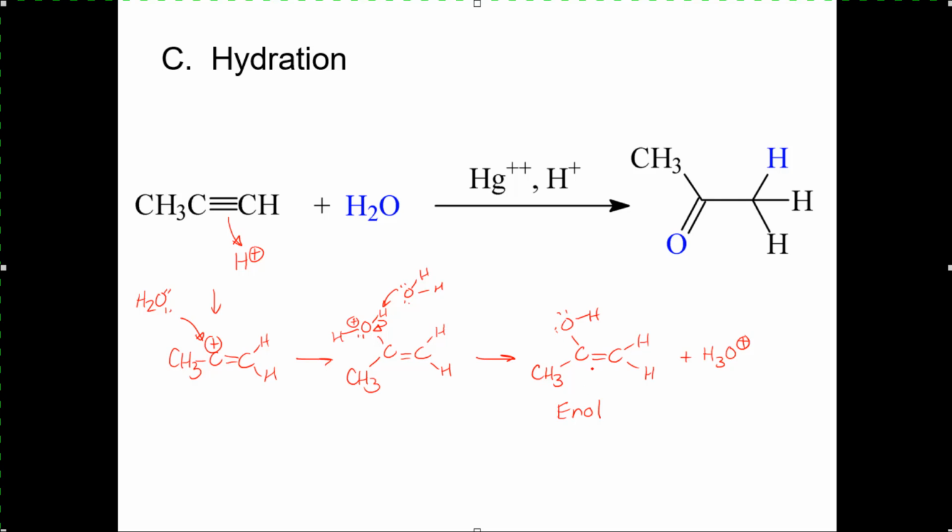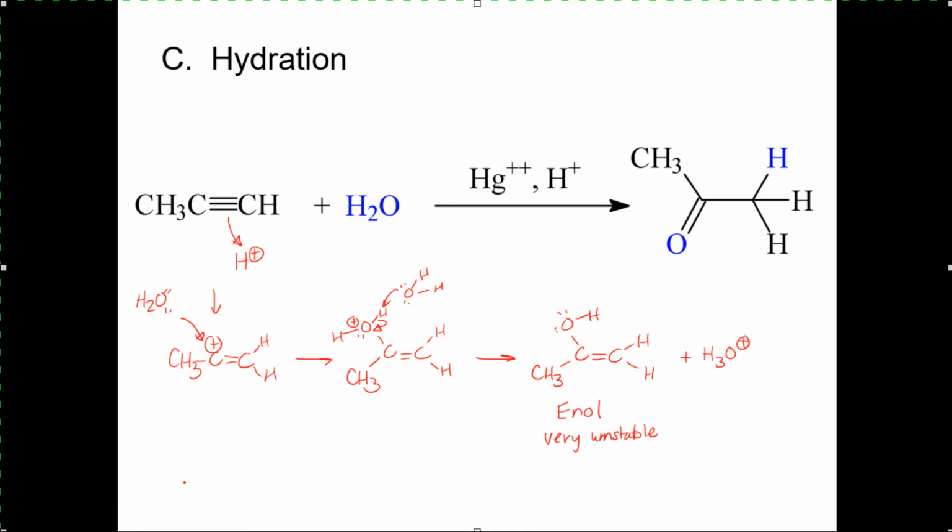Enols, for the most part, are unstable. They tend to be very unstable, particularly ones that are just simple like this one. This would be the enol of acetone, and I don't know that anybody's ever actually gotten to isolate the enol of acetone. They're very unstable, and what they do is undergo an equilibrium reaction.